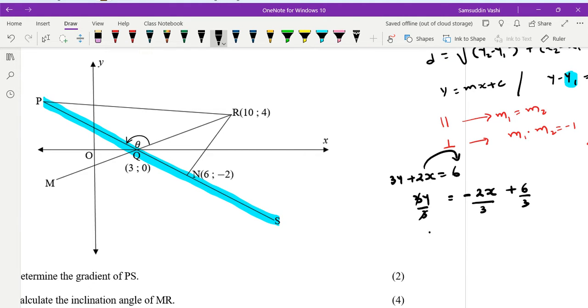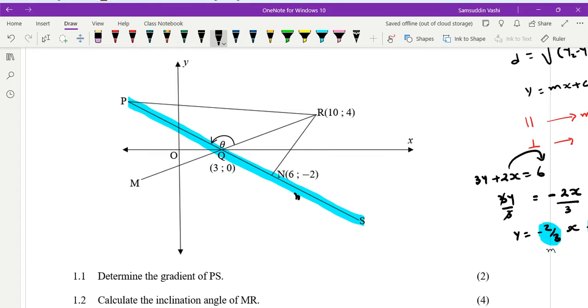So what am I getting? y equals negative 2/3 x plus 2. So it is mx plus c. So for that line, I got the gradient and I got the y-intercept.